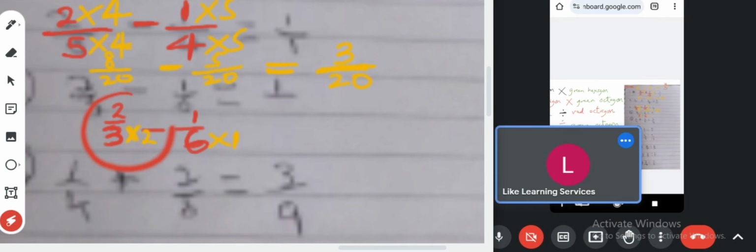What do we do to continue with the work? What should we do to the numerators?